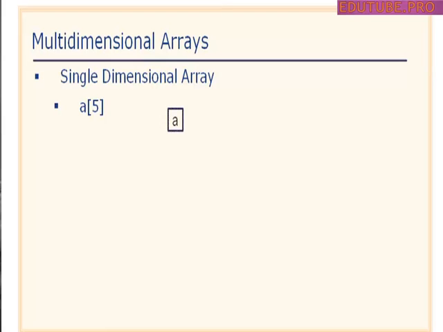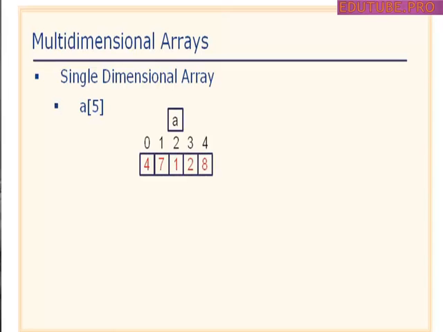What's going to happen in memory is it creates that A memory variable location, and then it has 5 positions numbered again starting at 0. So if you look at this, this is actually position 1, 2, 3, 4, 5, but they're numbered 0 through 4.